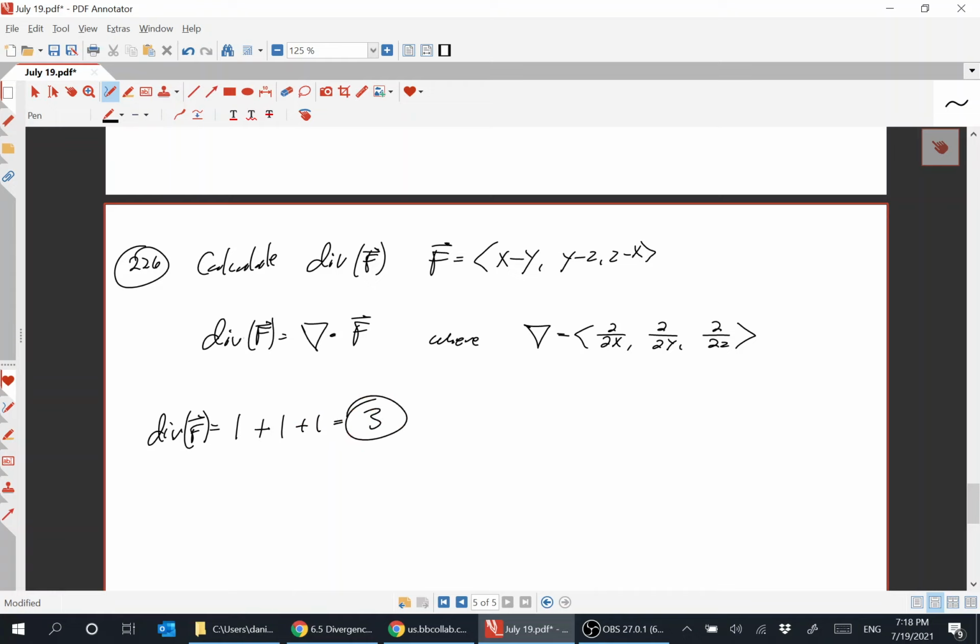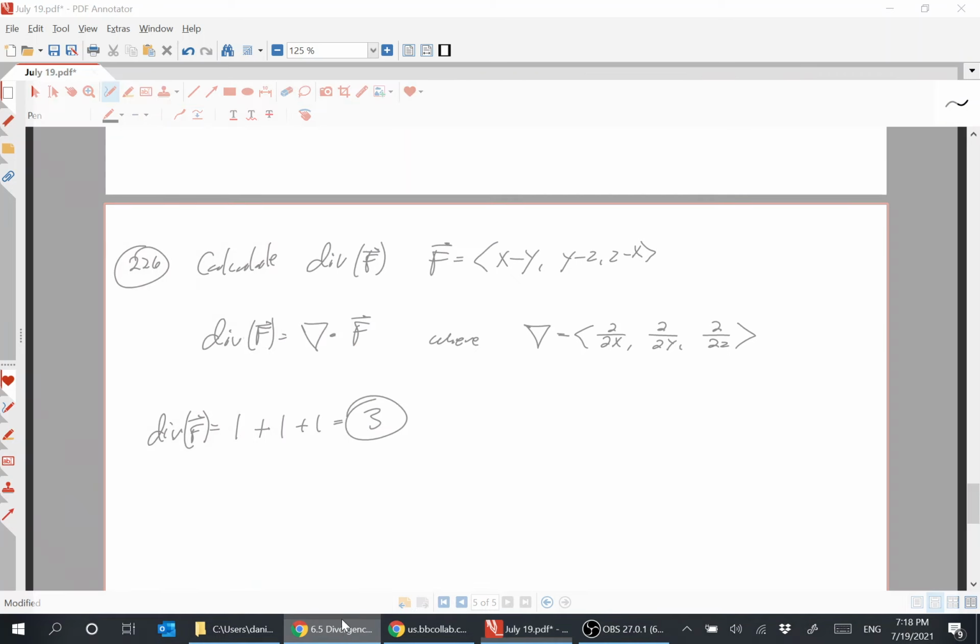Notice the divergence is a scalar function, right? The curl of a vector field is another vector field. The divergence of a vector field is a scalar function. In this case, it's just a constant, 3. Another example of divergence. 227, 232.